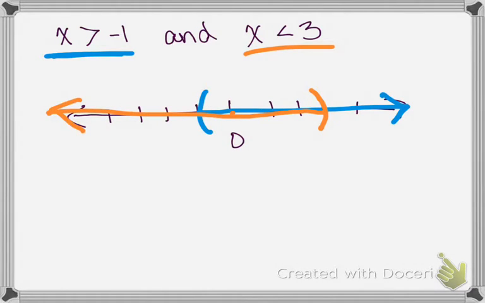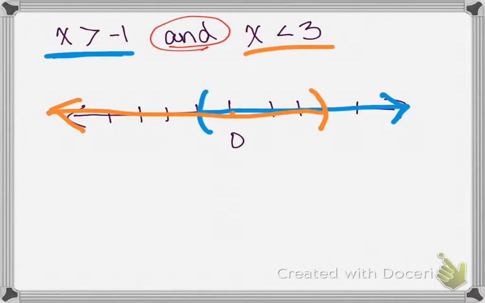Okay. Now, my solution to this, because we have the word and, is only the area that's covered by both. It's only the area that's blue and orange.